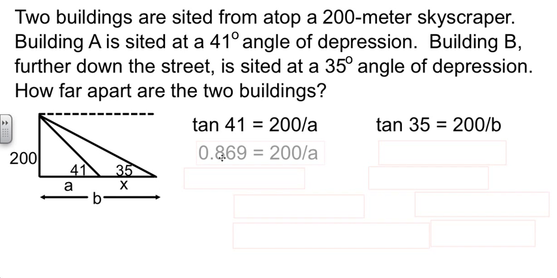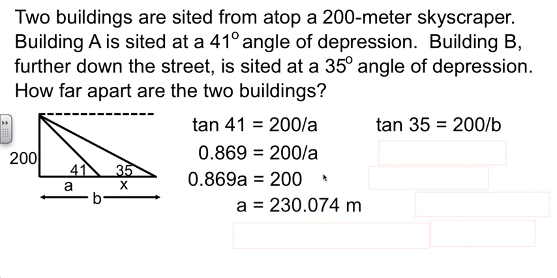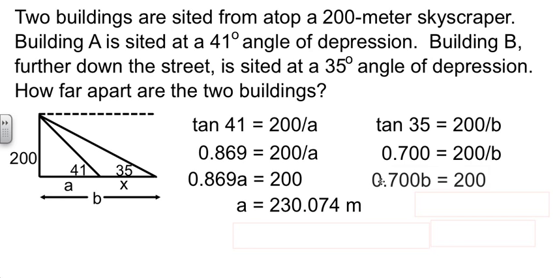Okay. Well, now I can do some arithmetic and get tangent of 41, multiply by the A, and that tells me what A is. A is 230 meters, give or take. I can do the same kind of thing over here for B and find out that B is 285 meters and change.